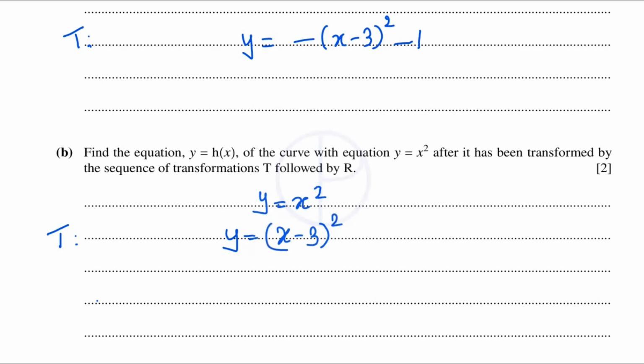And along the y-axis is -1, so -1. Next is a reflection along the x-axis. So y = -f(x), which is nothing but -(x - 3)² and minus of -1 will become +1.